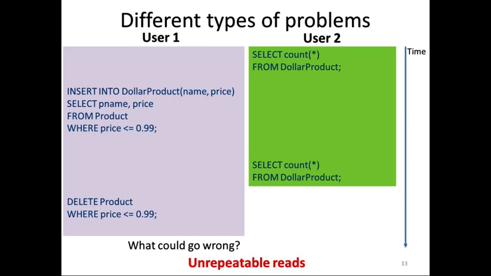This is the phenomenon that is called unrepeatable reads due to concurrent execution. The same read operation leads to different results because another transaction modified the data in between.